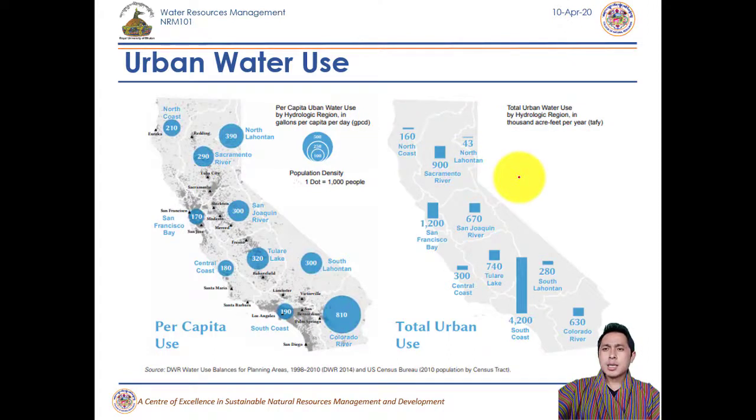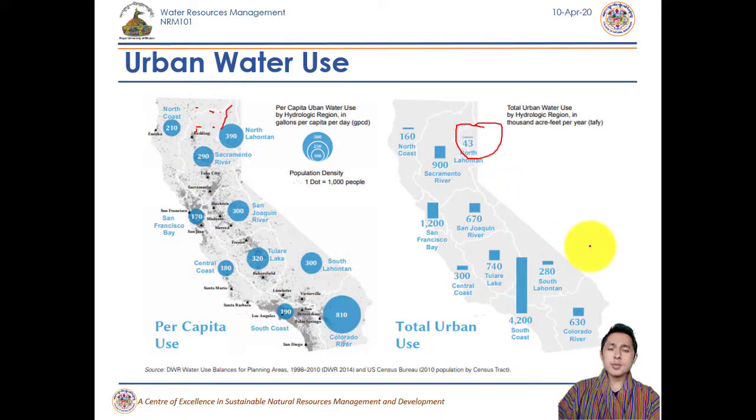So 1,000 acre feet per year is more towards the south coast, and very less towards places like the north side of California, because it has got very sparse population over here. Because of that, the water use is very less.